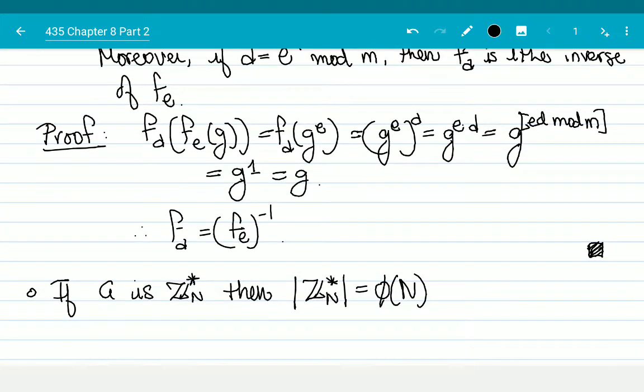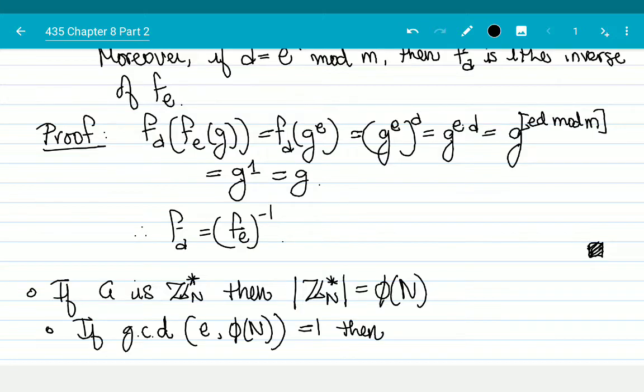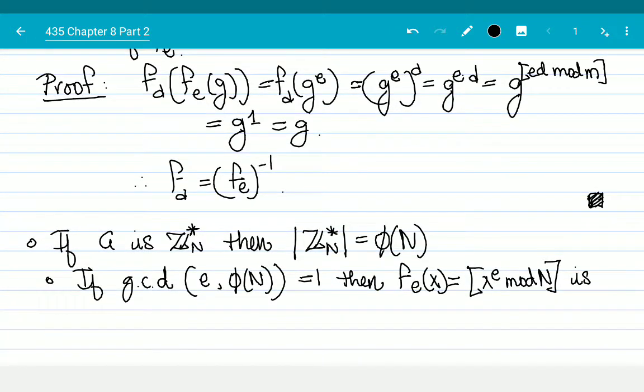Okay, and if GCD of e comma phi n is equal to 1, then f sub e of x is equal to x to the e mod n, is a permutation.